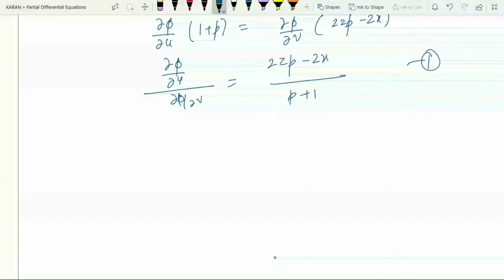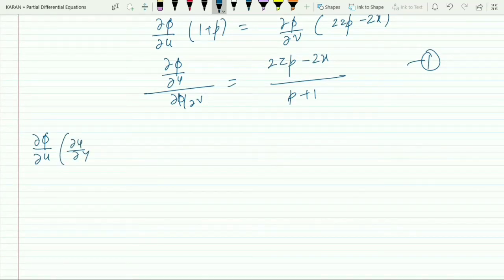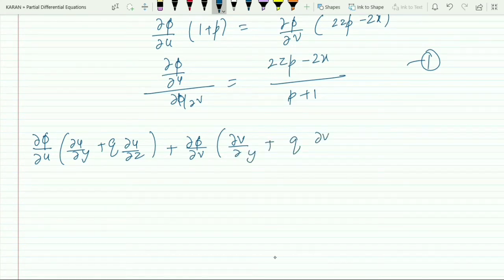Now, applying the similar approach, when you partially differentiate with respect to y, what expression will you get? ∂phi/∂u into (∂u/∂y plus q times ∂u/∂z) plus ∂phi/∂v multiplied by (∂v/∂y plus q times ∂v/∂z) equals 0. Now just substitute the values.